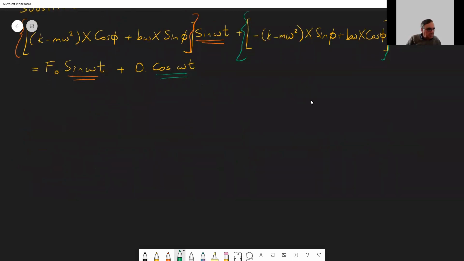Sine terms should be equal, cosine terms should be equal. So we can write the following rather. k minus m omega squared cosine phi plus b omega sine phi, times X equals f0.